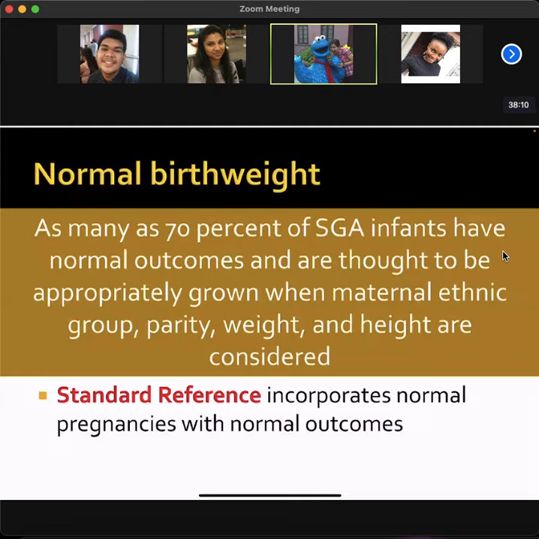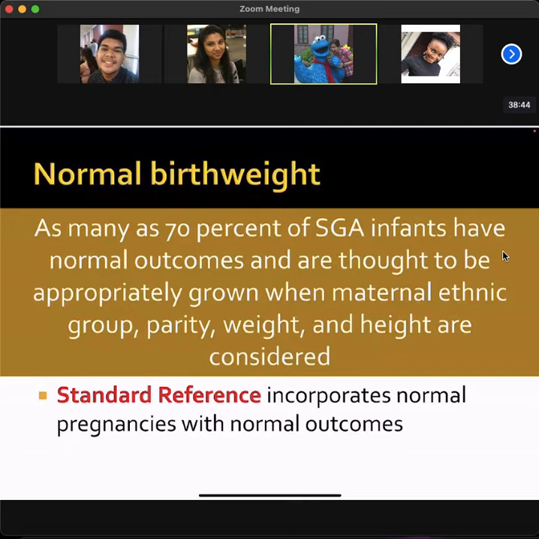As opposed to the standard reference, if you use the standard reference, these 70% are SGA infants. But when you use the population reference, these 70% of SGA infants actually belong to the normal birth weight range. So that's the difference. That is why we are using the population reference.